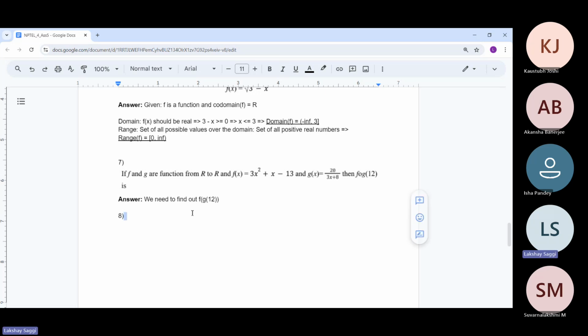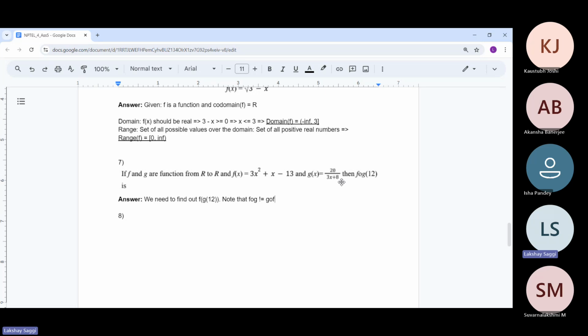Note that f of g of 12 means we first find out g of 12 and then put this value into f and see what the answer comes out to be. One thing to note here is that FOG is actually not equal to GOF. One might think I can replace the order, first compute f of 12 and then put it into g.